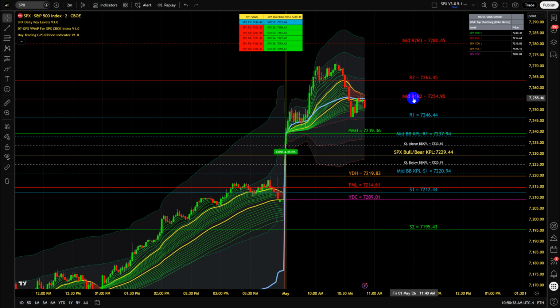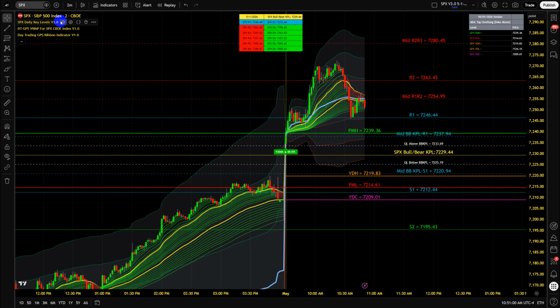These midpoint levels and QL levels serve different purposes. The QL levels above and below each main key level, the bull bear KPL, and the R levels and S levels serve as tight stop losses, depending on whether it is a bullish or bearish trade from one of the main key levels.